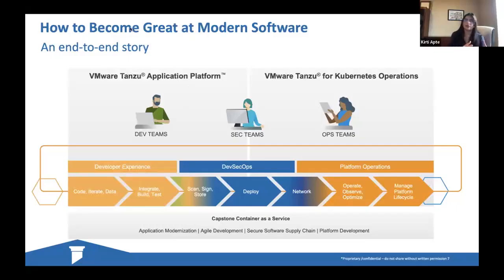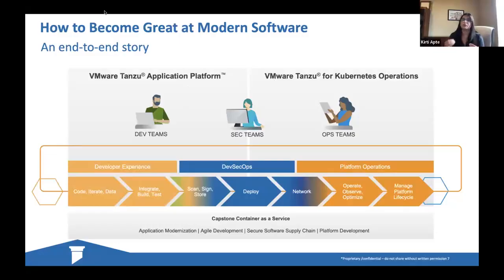Tanzu Application Platform, on the other hand, is going to give you a rich set of developer tooling with a pre-paved path to production for building and deploying your software quickly and securely on any compliant Kubernetes. So this is based on the developer persona. All these DevSecOps teams are going to work together.